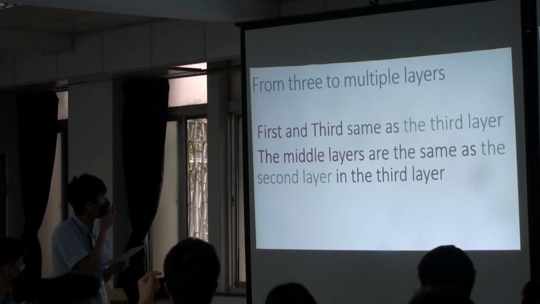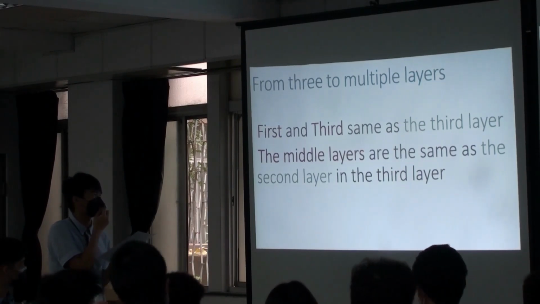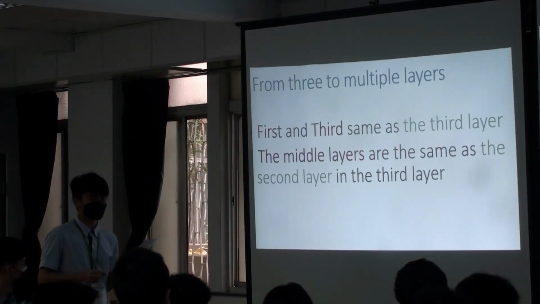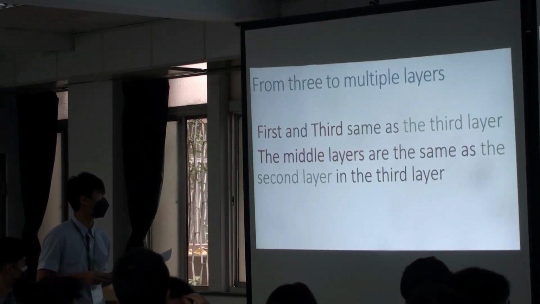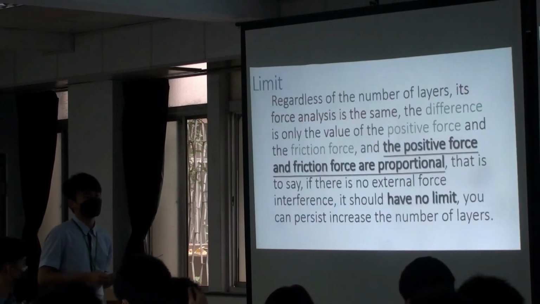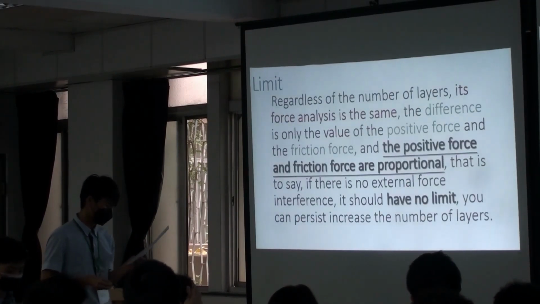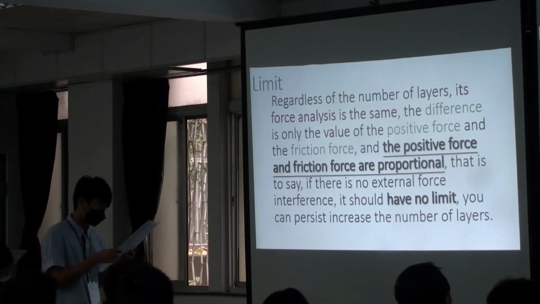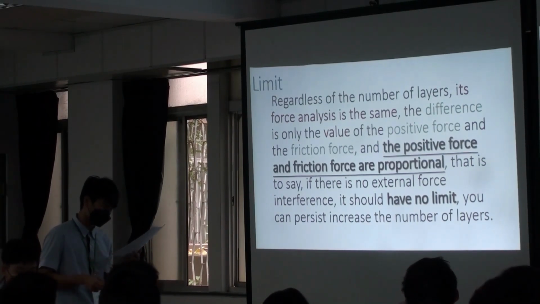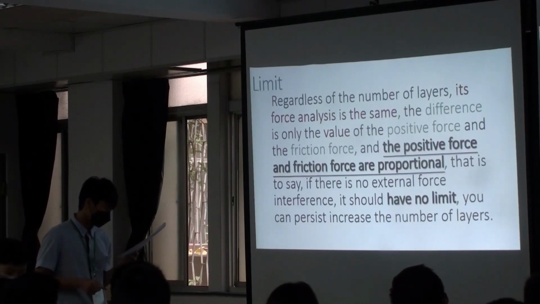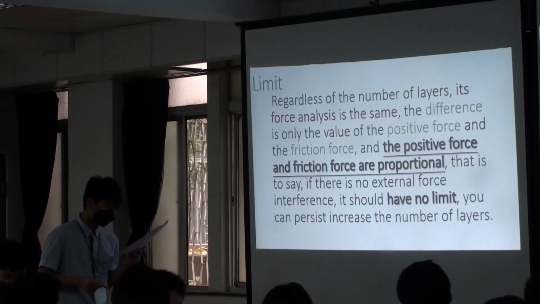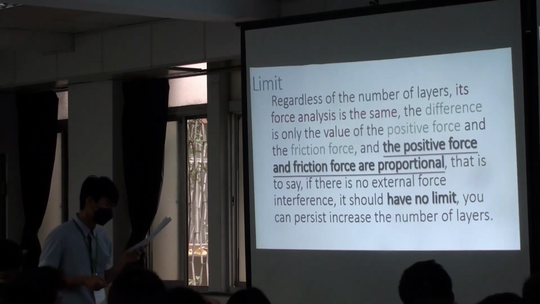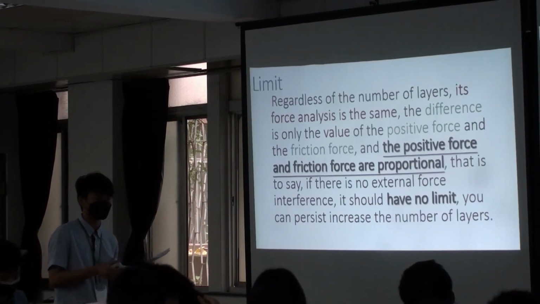Our conclusions are: the first and the third are set as the third layer, and the middle layers are set as the second layers in the third layer. Because the difference in this force diagram is only in the value of the force and the friction force, there is theoretically no limit to the height of the towers.